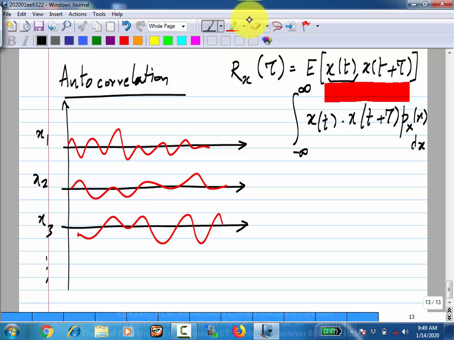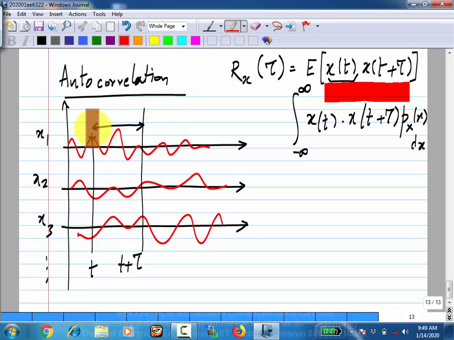So what you are looking at is the following. You look at a particular instant t, and it has some value. Then you go a certain interval tau away. So this is t plus tau, and you take the product of these two. The idea is the following.